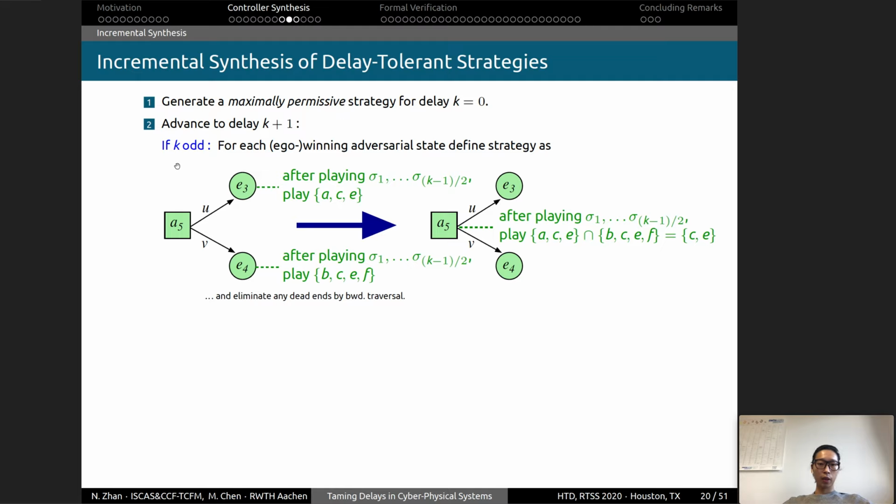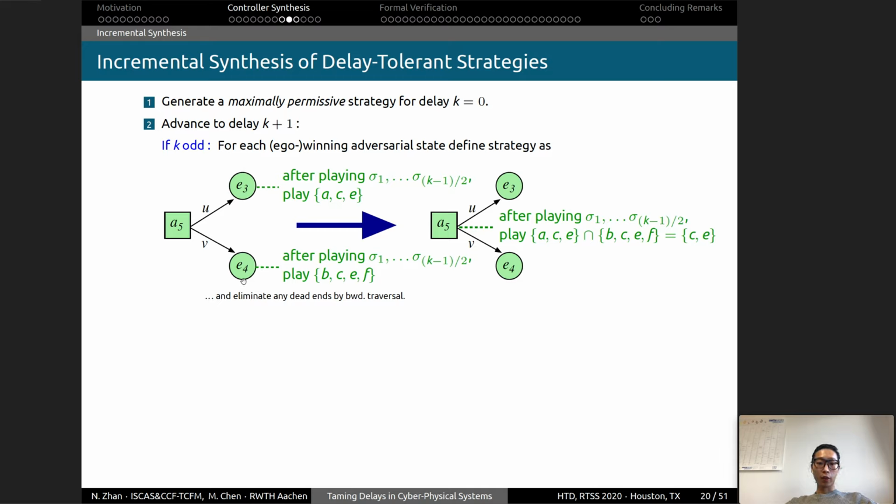For the first case, when the current delay k is an odd number, this means that player 1 has to pre-decide at a box state, for example, A5 here. Since we already have the strategy for delay k, and this strategy tells us at state E3 we have a pre-decision A, C, E, and these actions are all safe.